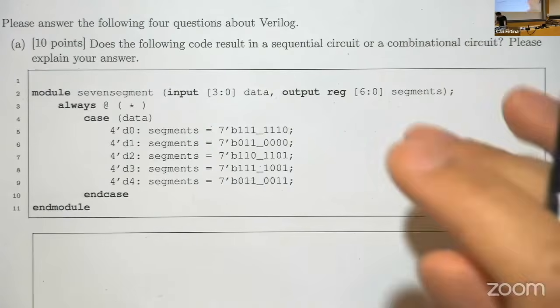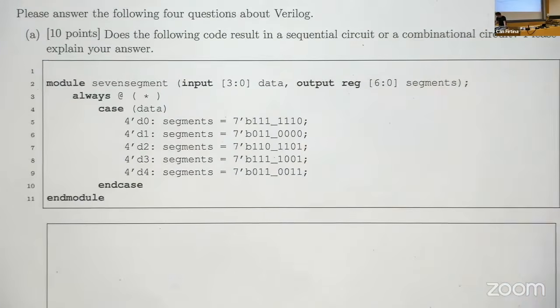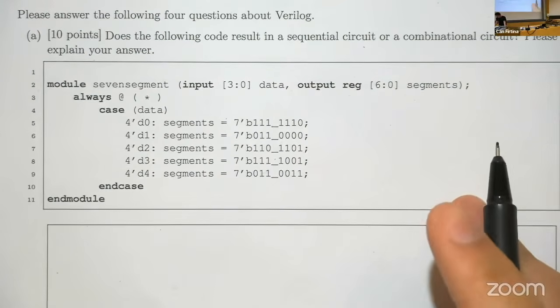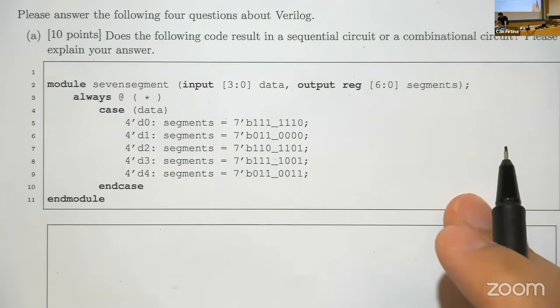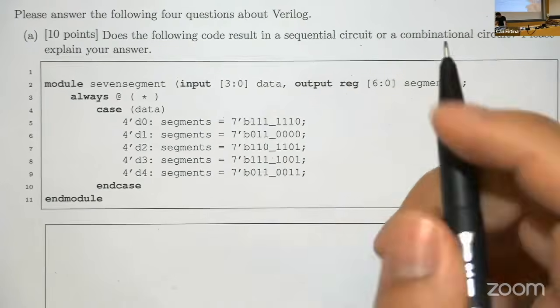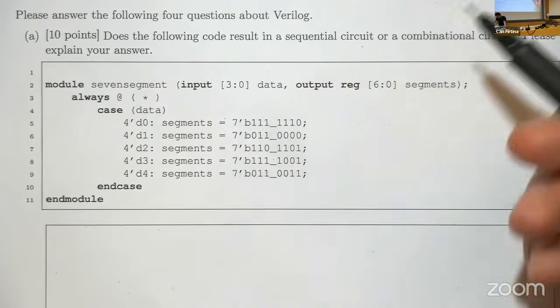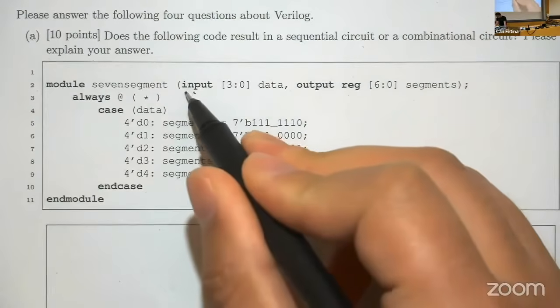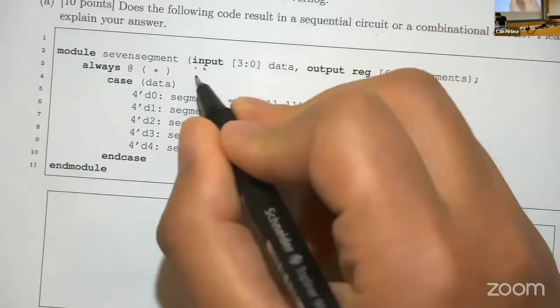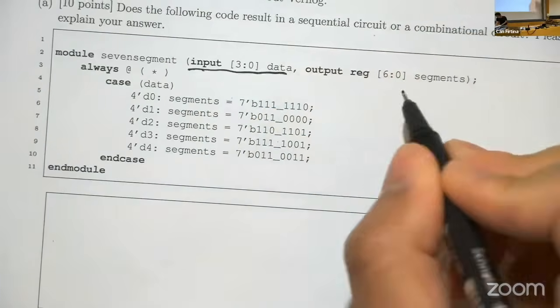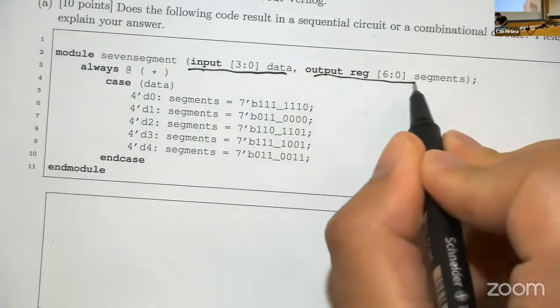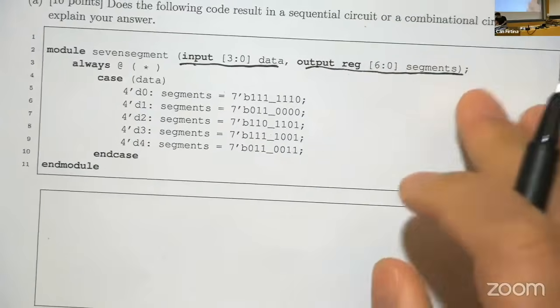The second question, the Verilog question, starts with: does the following code result in a sequential circuit or a combinational circuit? Please explain your answer. When you look at this code, the first things you probably notice are the 4-bit data input, and an output register named segments, which is 7 bits large.